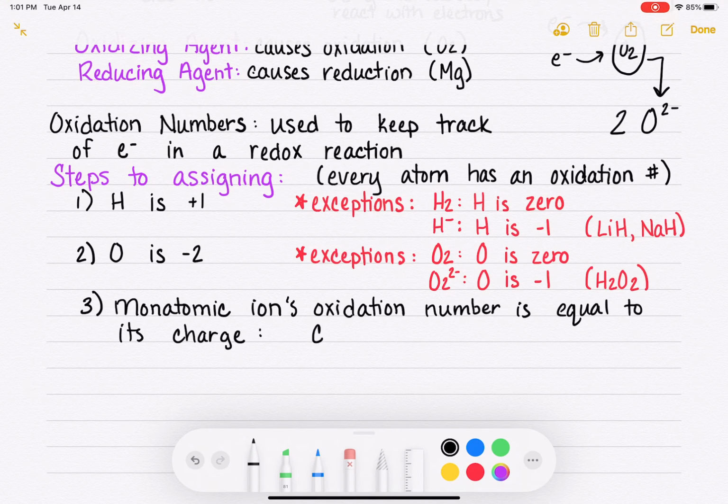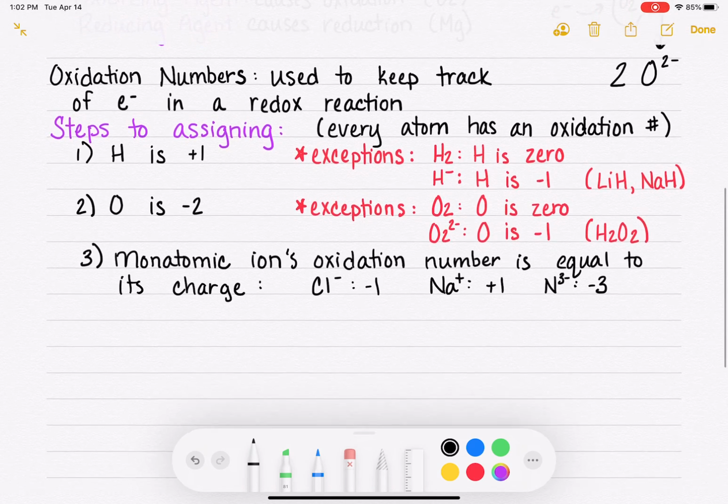So Cl-, its oxidation number is -1. Na+, its oxidation number is +1. N3-, its oxidation number is -3. It's just equal to its charge.